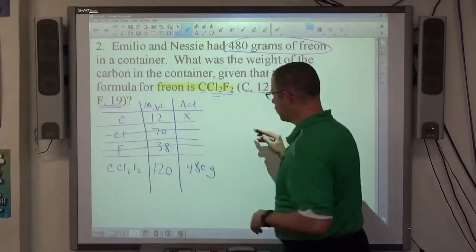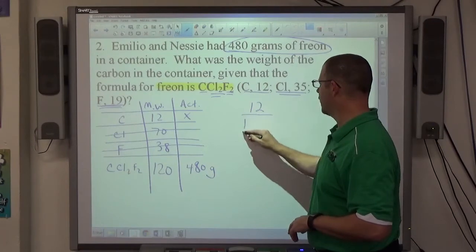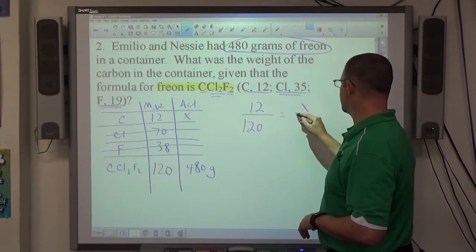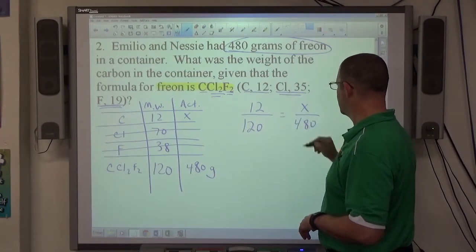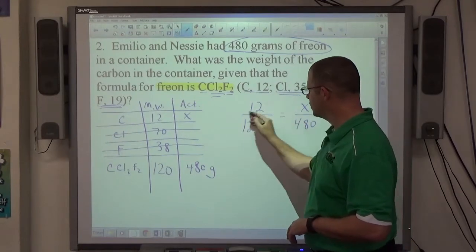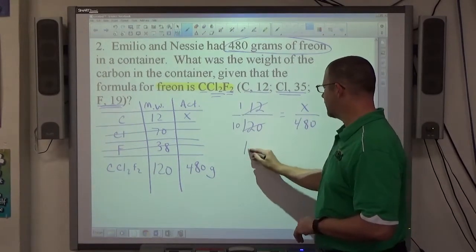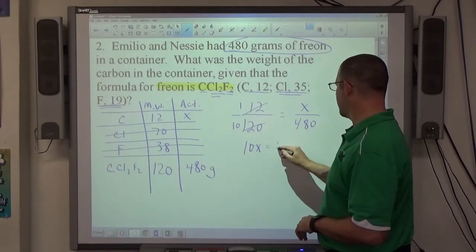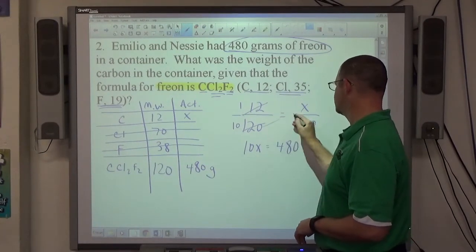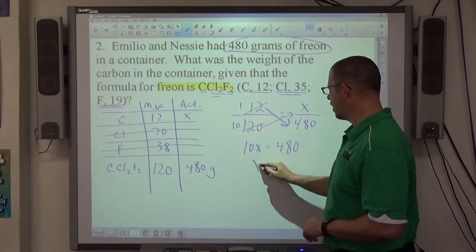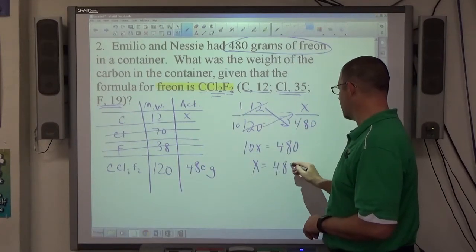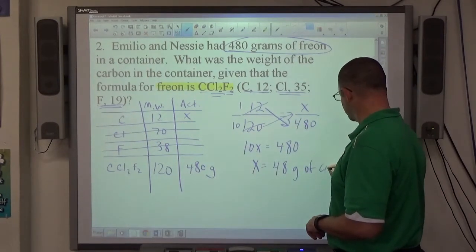And that gives me that 12 over 120 equals x over 480. I can reduce, so 10x equals 480 if I cross multiply. Divide both sides by 10, x equals 48 grams of carbon.